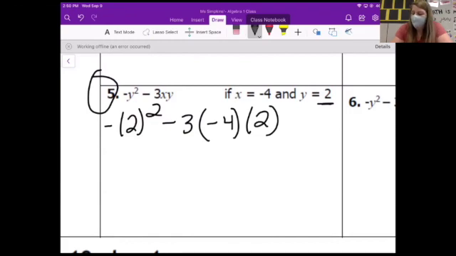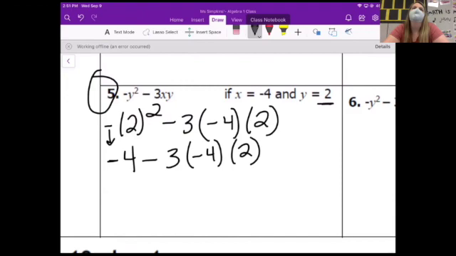So we want to square 2, which is 4, but we cannot forget about this negative we need to bring down. Minus 3 times -4 times 2. And Zion asked me a good question. Oh, sorry, Brain, go for it. Why is there not a parenthesis?